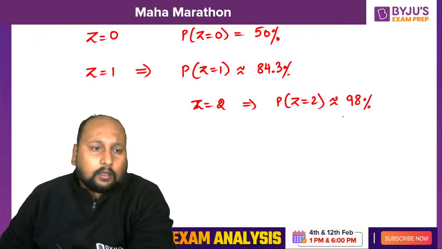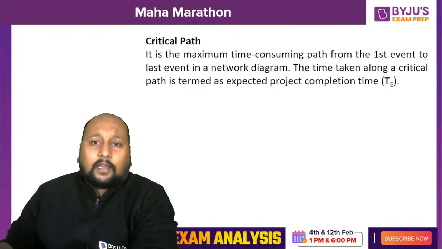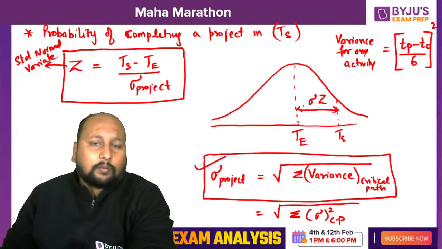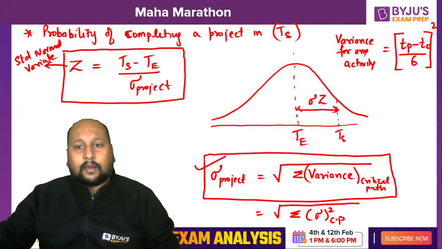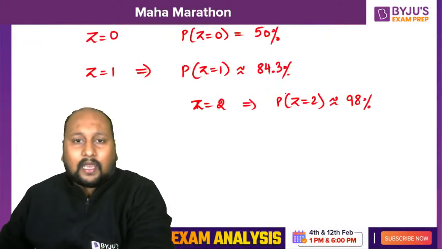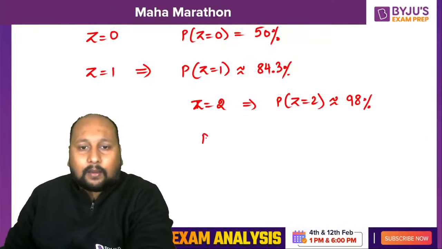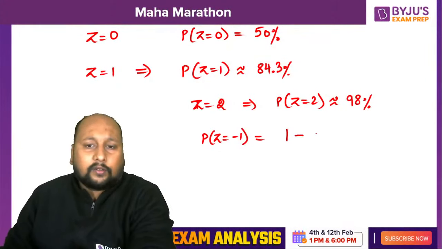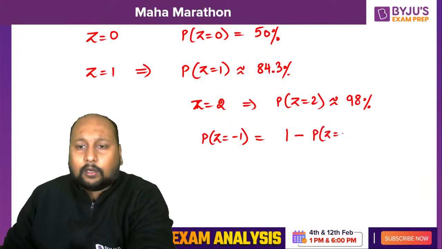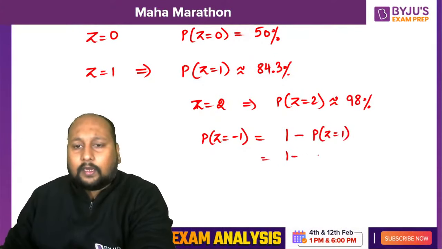Now we know that the best part of the normal distribution is that it is always symmetrical about the center axis. So if I want to calculate the probability of Z equal to -1, it is nothing but the complementary or conjugate of the probability of Z equal to 1. So this is 1 minus 0.84, that is 16%.